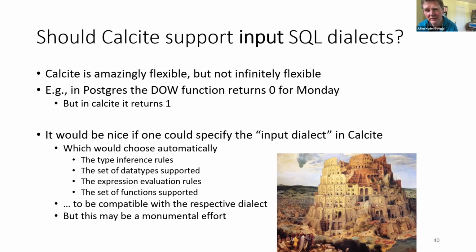But it gets really complicated if you are, for example, running a Calcite query that's joining data from Postgres to MySQL. If someone uses the day of week function, we have to have really clear semantics of whether this means Calcite's day of week function or Postgres' day of week function, because we still need it to have well-defined syntax, even if we decide to push it down to MySQL.